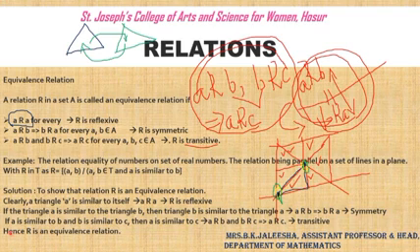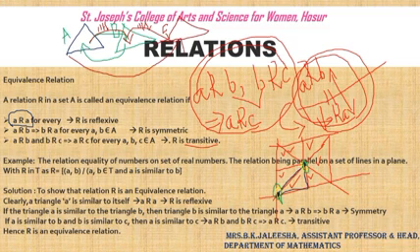What is the third one? Transitive. So A is similar to B. This is triangle A and this is triangle B, and next we are going to draw the third triangle. This is triangle C. If A is related to B, and related here means similar, and B is similar to C, then we can say A is similar to C also.